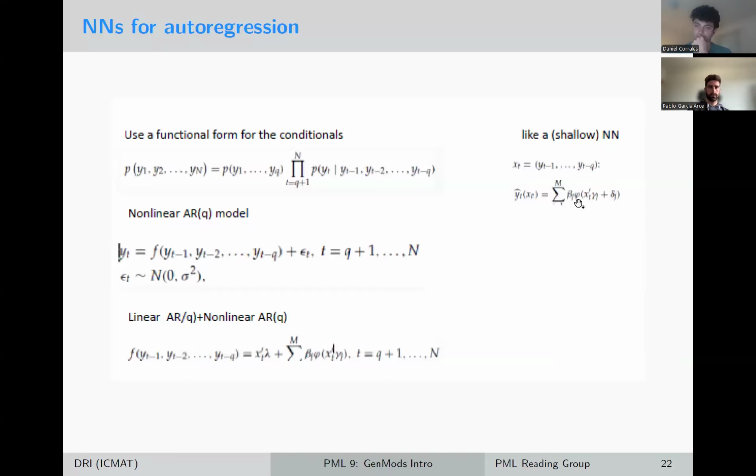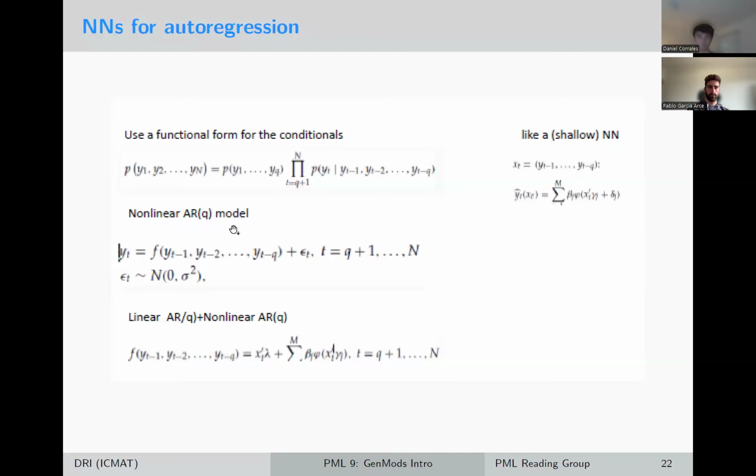It would be like a standard shallow neural network, a sigmoidal transformation, and then a linear combination of sigmoidals. So that's a shallow neural network which we use to forecast the next observation. Then we introduce noise, right? That would be the model.